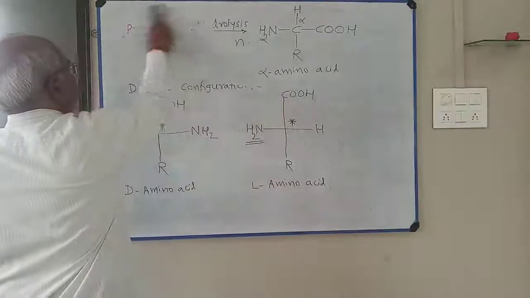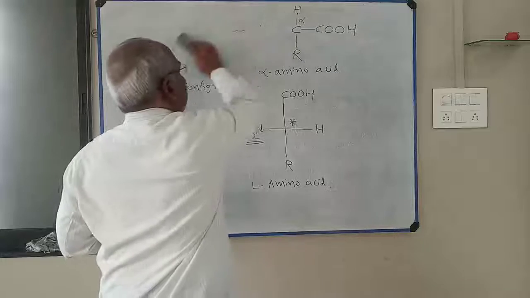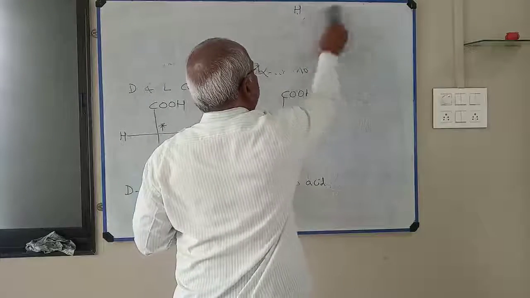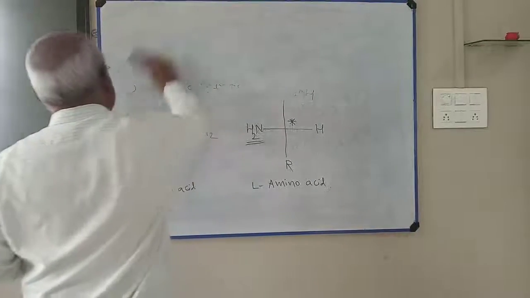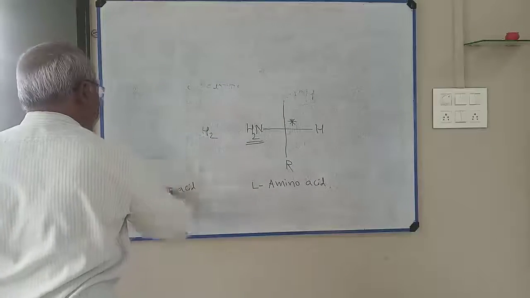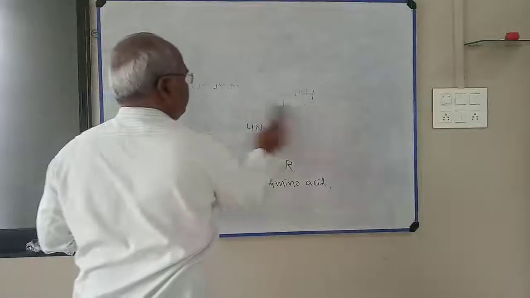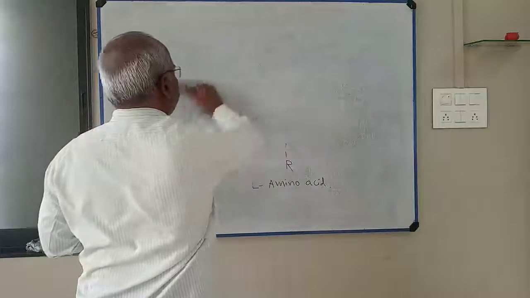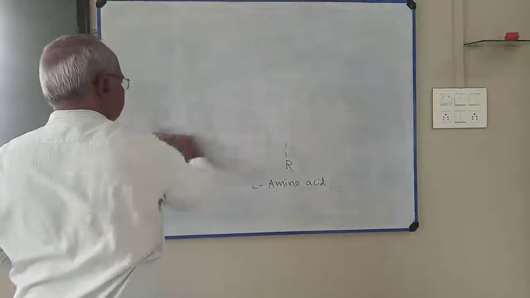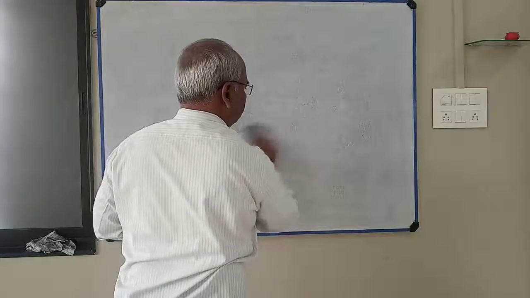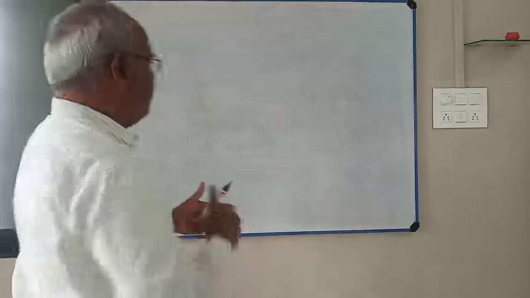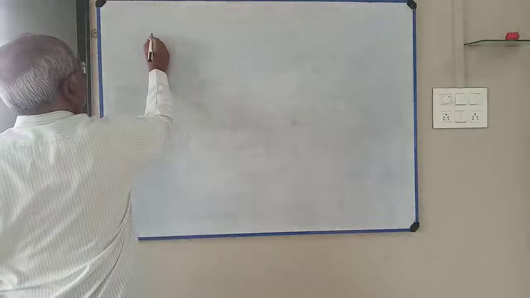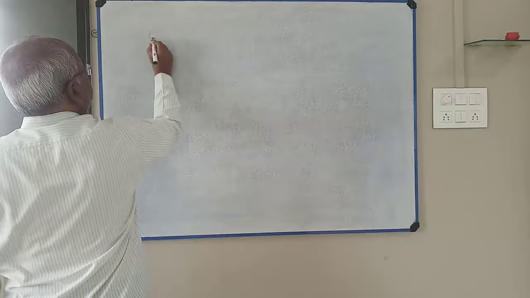After completing this, I explain one more important term known as Zwitter ion. So the concept of Zwitter ion I am going to explain. Try to understand carefully. Here I represent tetravalent carbon.